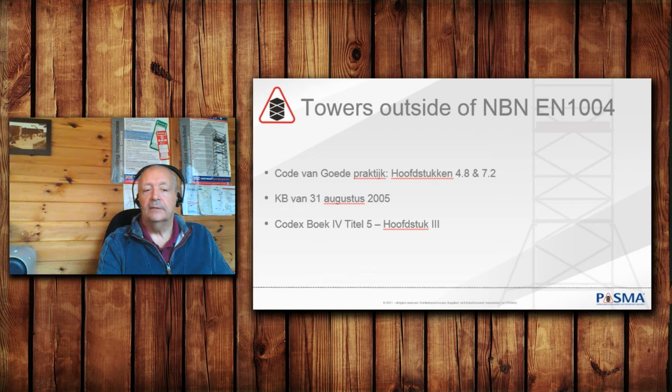In the Code of Good Practice, there is a reference made to both the Royal Decree of August 2005 as well as the EN 1004 standard. The Royal Decree became part of the Codex Book 4, Title 5 for equipment used when conducting temporary works at heights.